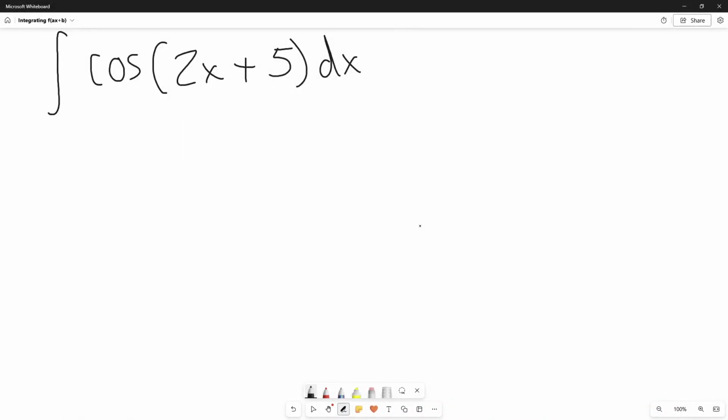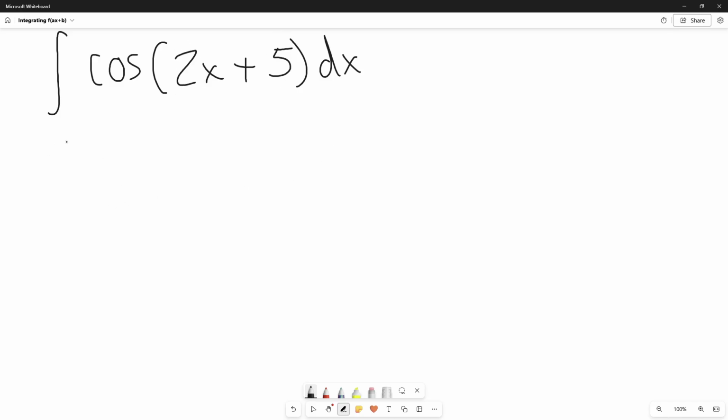And I'm going to do another problem to show you again how it really works. So let's take the integral of cosine of (2x plus 5) dx. For this one, our function is going to be cosine of something, and our ax plus b is going to be 2x plus 5. So a is 2, b is 5.